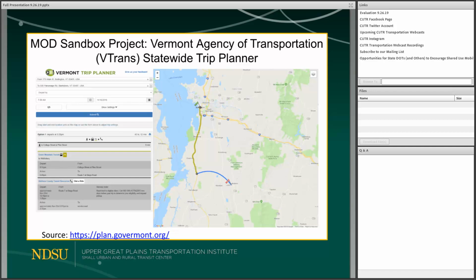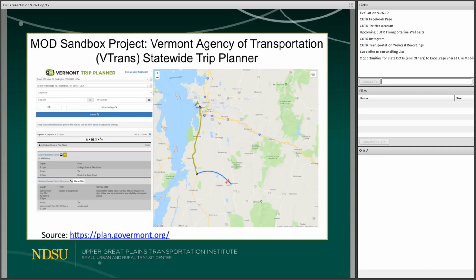Well, this slide over here shows the MOD Sandbox project of the Vermont Agency of Transportation. The goal of the VTrans Sandbox project is to develop a statewide online trip planner that can generate itineraries for the public using fixed and flexible transportation options. Users can provide origin and destination information for generating travel itineraries.